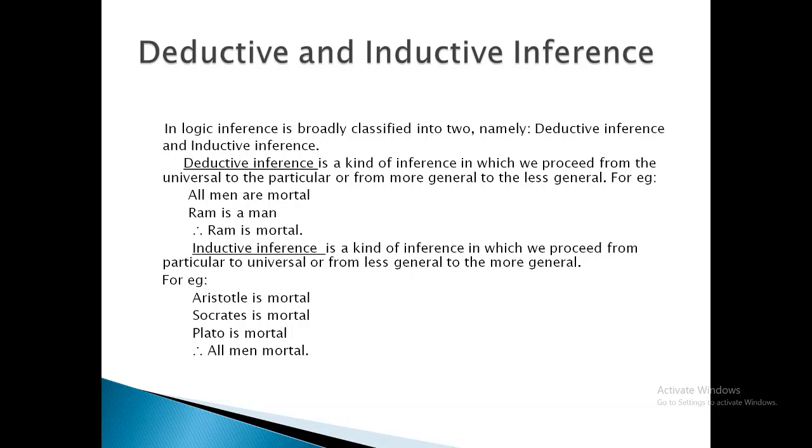In another case, we proceed from particular to universal, general. So, this is the difference between deductive inference and inductive inference. This year, you have to go through inductive inference, induction, etc.